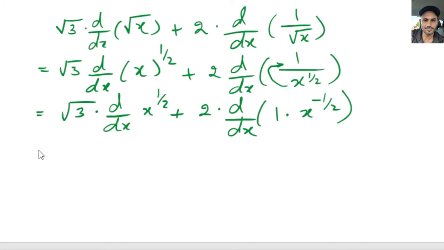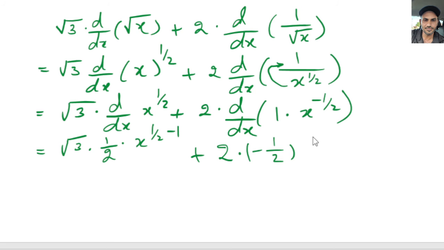The next step, I'm going to finally take the derivative. So we have square root of 3 times, when you take the derivative of x to the 1/2, you bring this 1/2 exponent to the front as a coefficient, times x to the 1/2 minus 1. You just subtract 1 from the exponent. Plus 2 times, here x to the negative 1/2, so you bring this negative 1/2 to the front as a coefficient, times x to the negative 1/2 minus 1.